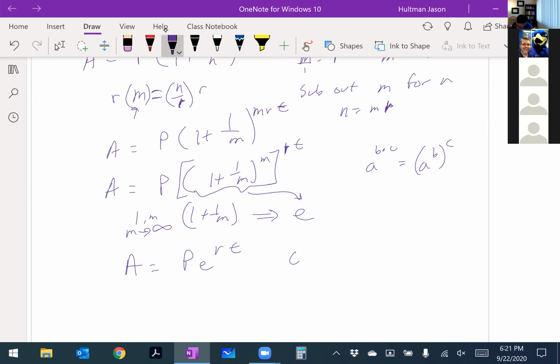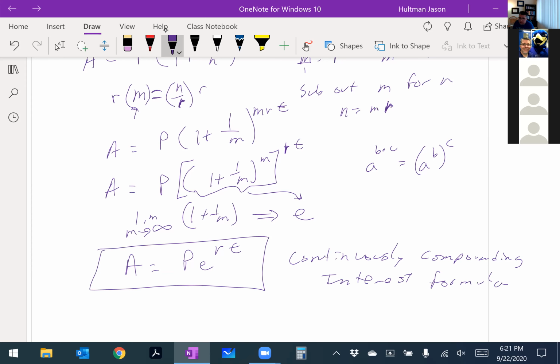And this is called my continuously compounding interest formula. It's A equals P e to the rt. It's also called a PERT account, PERT. And that's when you have continuously compounding interest.